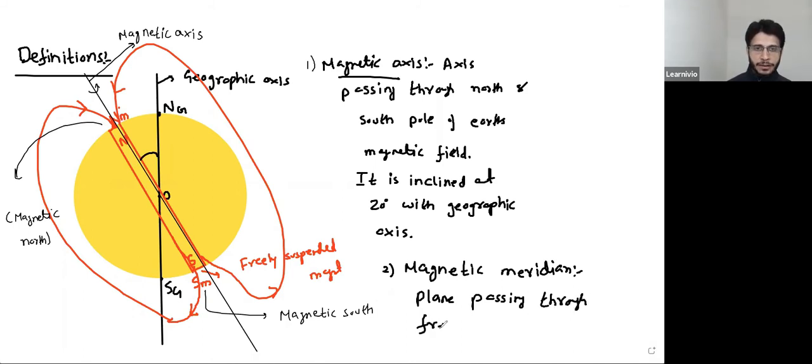So the plane which is passing through a freely suspended magnet is known as magnetic meridian.